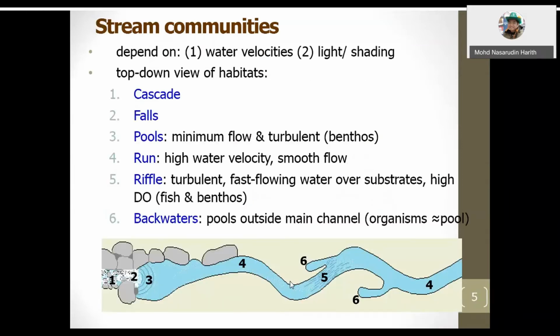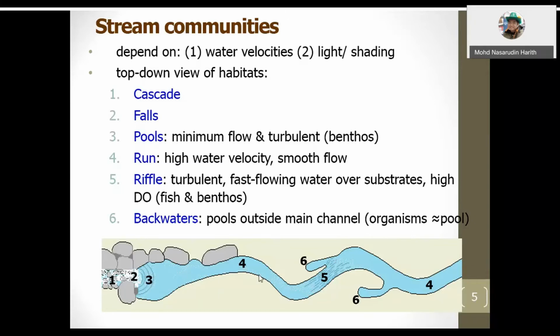The stream communities can also depend on water velocities and light shading. There are 6 habitats from top to bottom of the stream. Number 1 is cascade, which is here. Number 2 is falls. Number 3 is pools, where the flow is very minimal and the turbulence is very low, which is very favorable for the benthos.